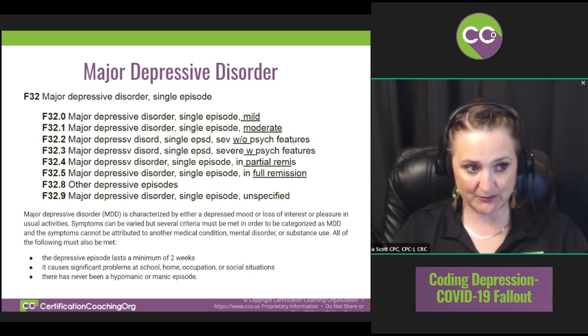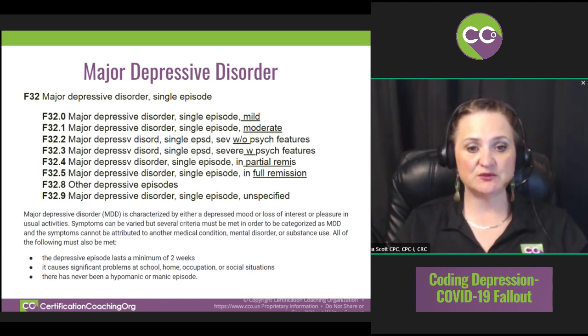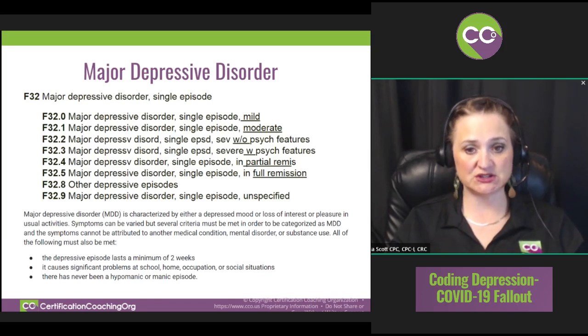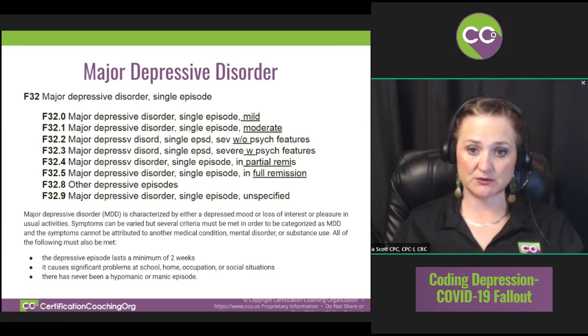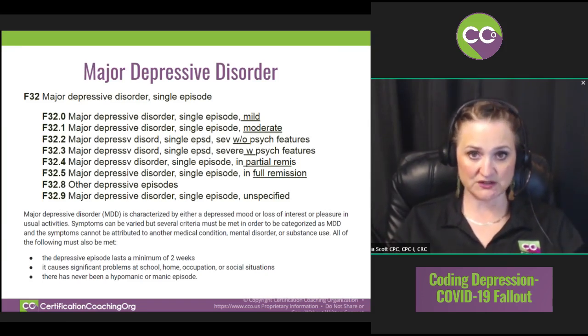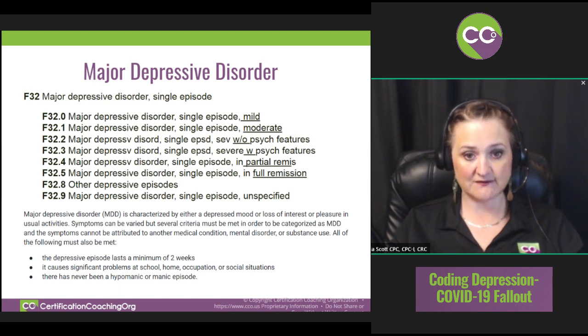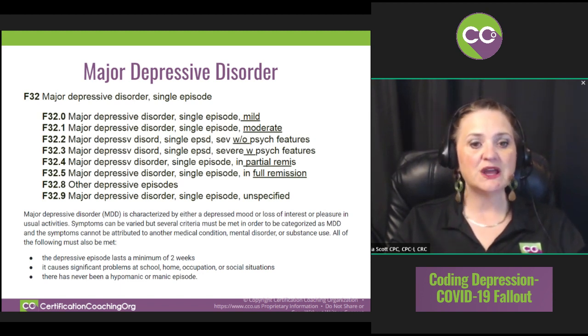You are used to seeing a .9, F32.9 major depressive episode, unspecified. What's unspecified about it? Whether it's mild or moderate, full remission, partial remission, and whether it's about psychotic features.